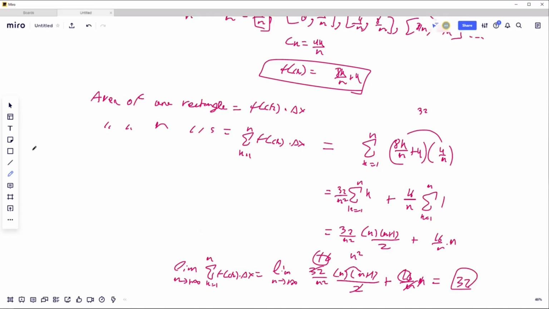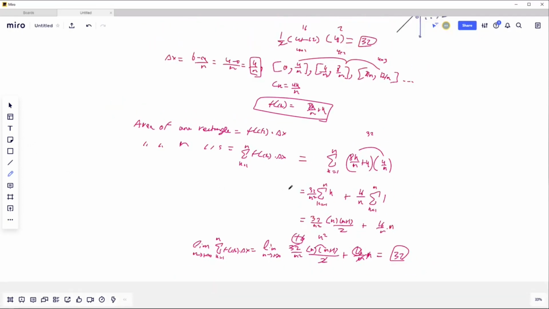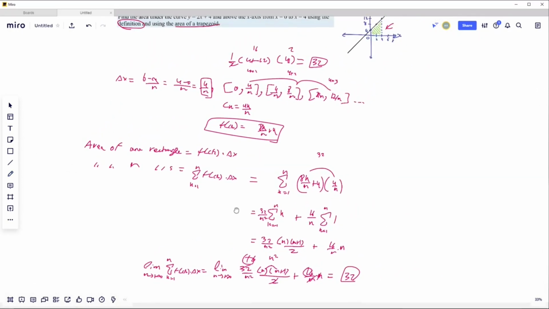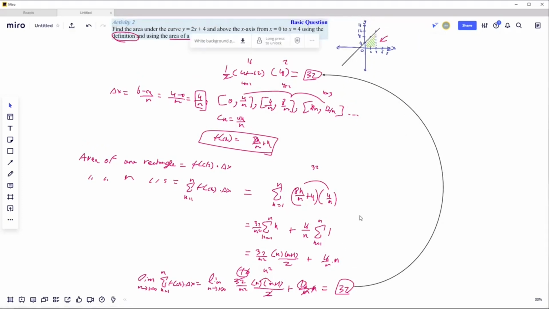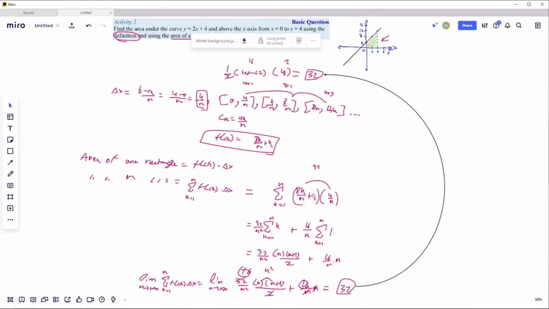Did we or did we not get the same answer as the trapezoid area? We did, right? So this is why they asked you. They wanted to show you that it works, that you're gonna get the same value if you tried, you know, using the trapezoid rule. So yeah, pretty much.